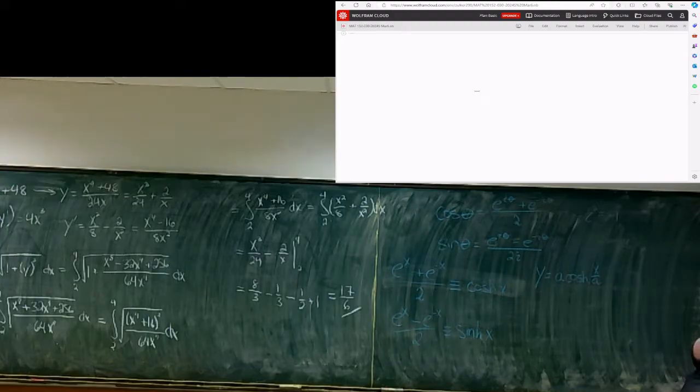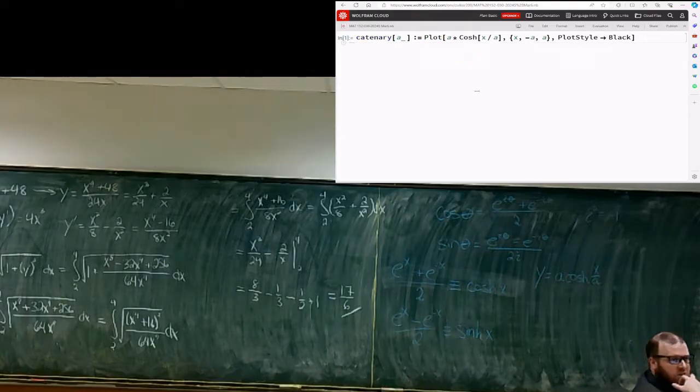So let's say I'm going to define catenary curve as a function of A. This is going to be plot A times hyperbolic cosine of x over A. X goes from minus A to positive A. Why not? That should be all I need.